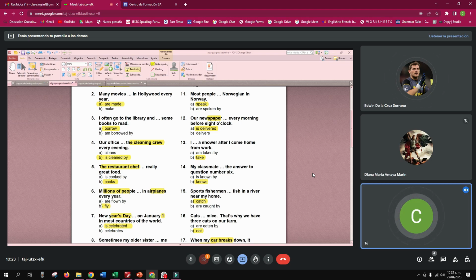Okay, that's good. Excellent. So, guys, I guess this is a little bit easy, right? You just need to know the structure of the active voice sentence and also the passive one, right?